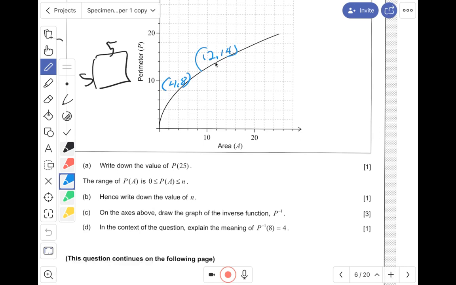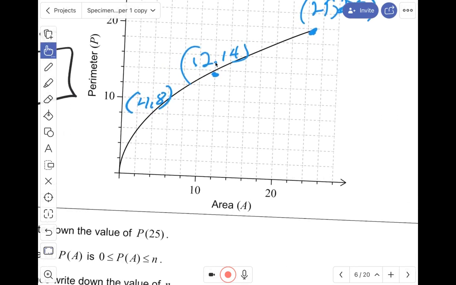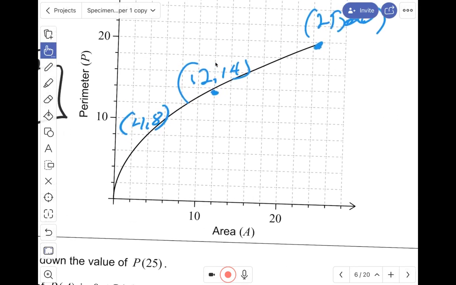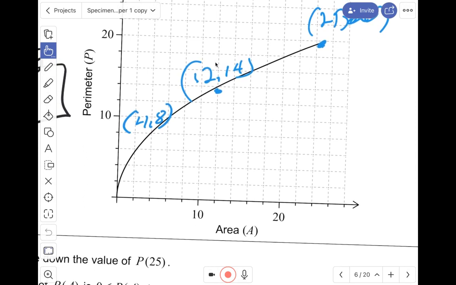I got to figure out where that is right there. Sorry. And then next point, again, we know that 25, 20 is a point. Okay, so flip those points around and start plotting them. So 8 comma 4 is here.